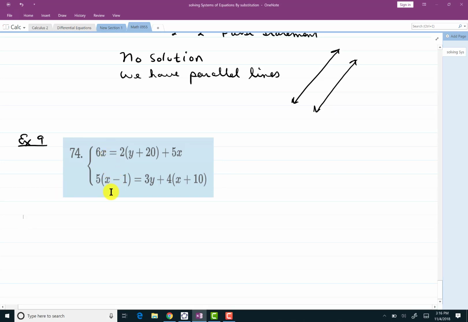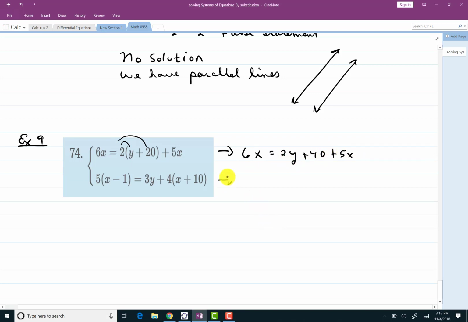In this problem here, it's a very complex, complicated, messed up problem. So what I'm going to do is a little simplifying on each of these equations. For the first one, for example, I'm going to multiply this 2 through. Remember, you're going to distribute this. And I'll get 6x equals 2y plus 40 plus 5x.